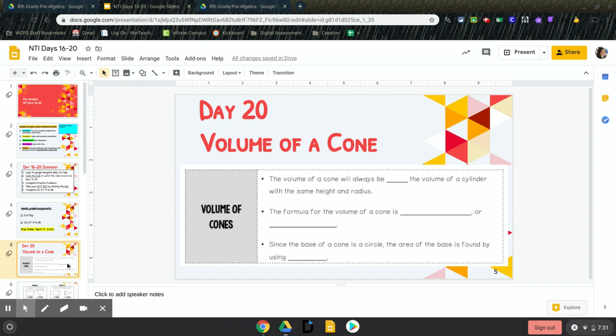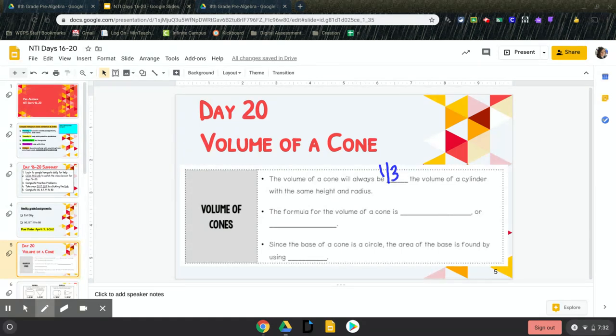All right. So let's jump in here and let's learn about finding the volume of a cone. So the volume of a cone is going to be quite similar to finding the volume of a cylinder. However, the volume of a cone is 1/3 the volume of a cylinder that has the same height and the same radius.